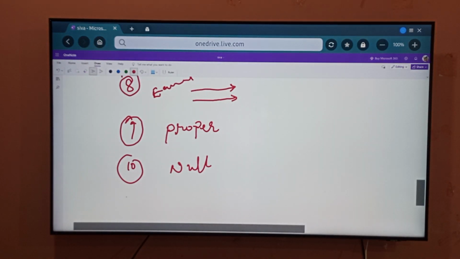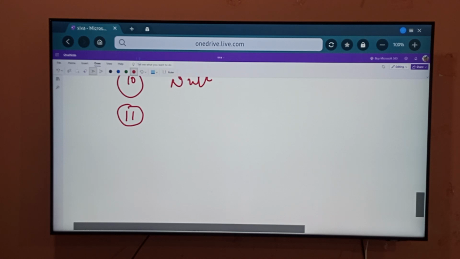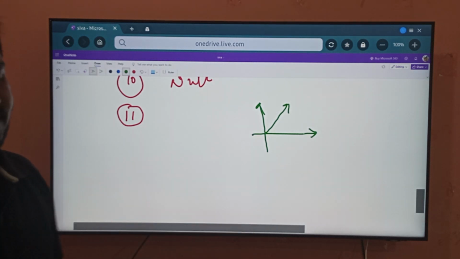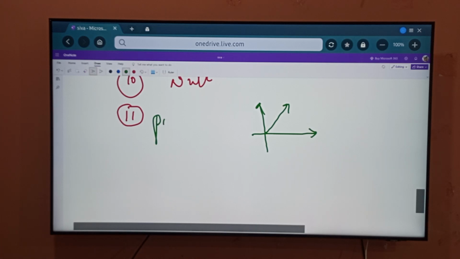And the 11th one is position vector. As we discussed previously, a position vector's initial point starts from the origin of the coordinate axes and its terminal point is in the coordinate space. Next, the 12th one is unit vector.